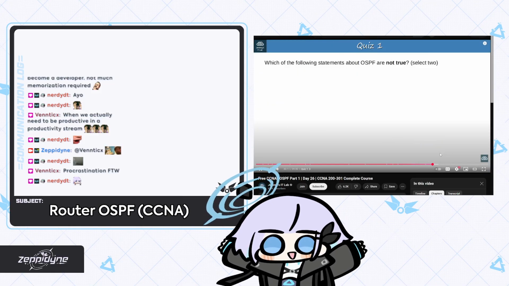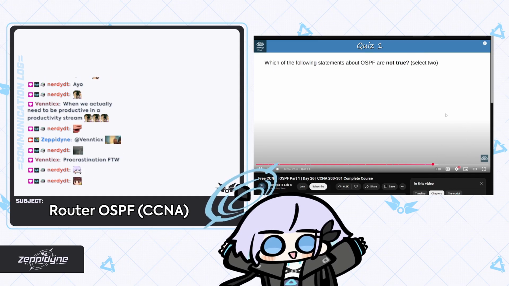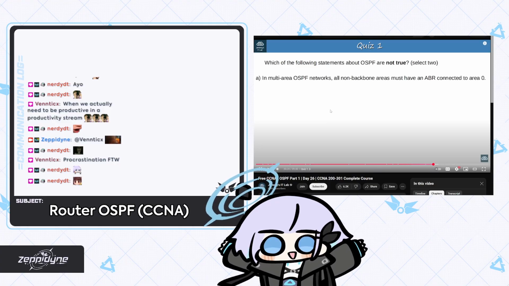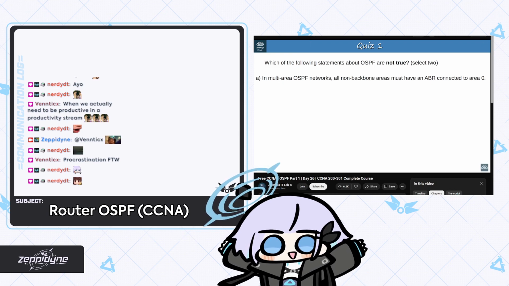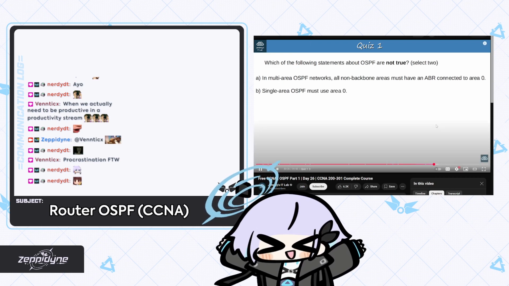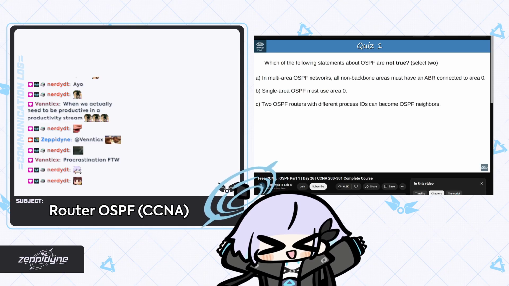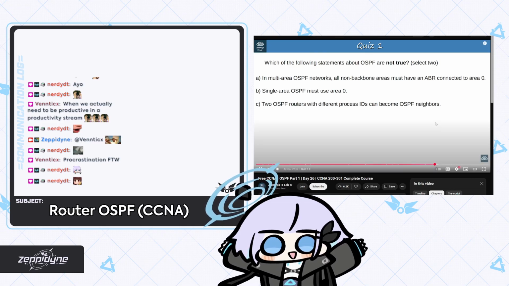Here's quiz question 1. Which of the following statements about OSPF are not true? Select 2. A. In multi-area OSPF networks, all non-backbone areas must have an ABR connected to area 0. B. Single area OSPF must use area 0. C. Two OSPF routers with different process IDs can become OSPF neighbors.